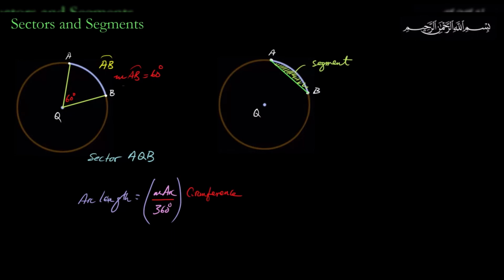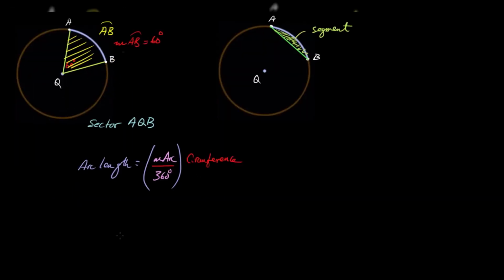So arc length we had defined previously as some fraction of the total circumference. In this case, this arc here is a fraction of the entire circumference of the circle. In the same way, the area of a sector is some fraction of the entire circle. In this case, it's going to be the same fraction as the arc length, because the sector is bounded by an arc.